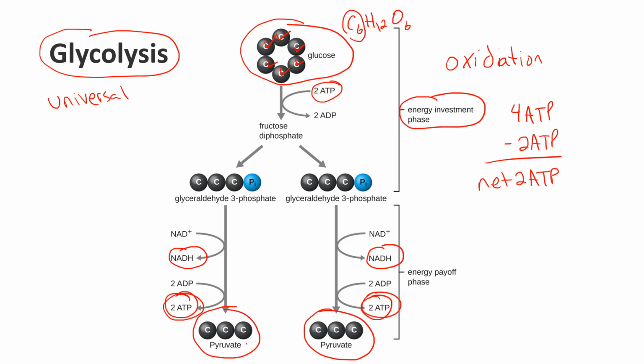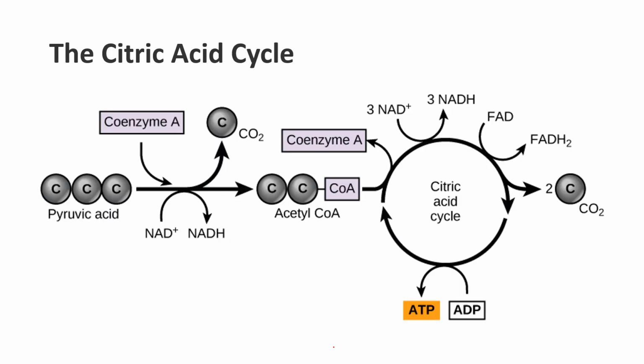Then we're left with these 2 molecules of pyruvate. This is again per molecule of glucose. So from here on out, we're going to be looking only at 1 molecule of pyruvate and what happens to that. But remember, for everything that we see here, we're going to have to double it in terms of what's being produced per molecule of glucose.